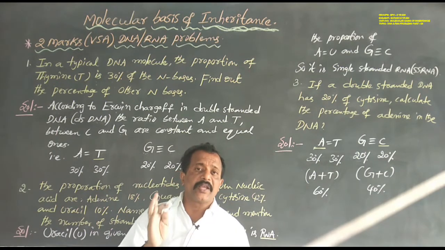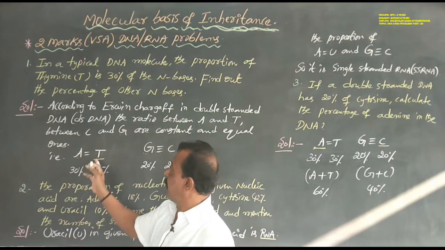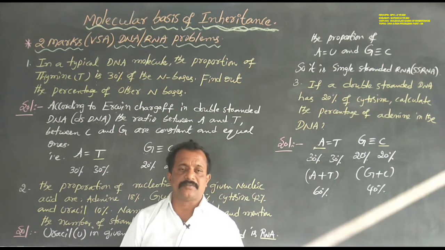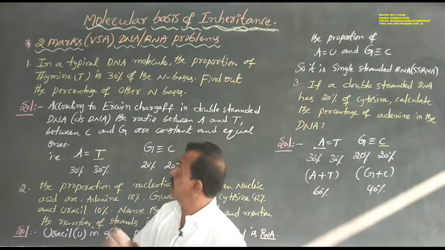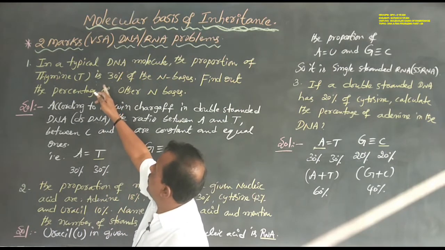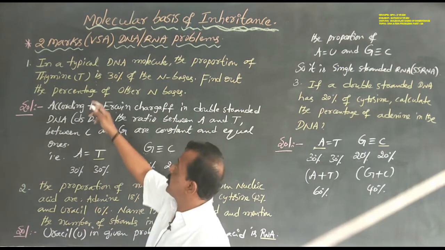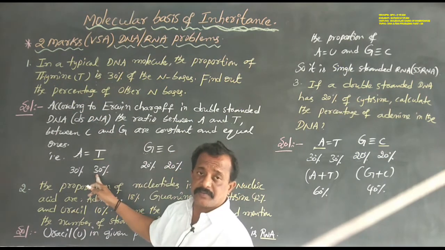According to Erwin Chargaff, A plus T equals G plus C. Out of 100%, in this problem thymine is 30%.